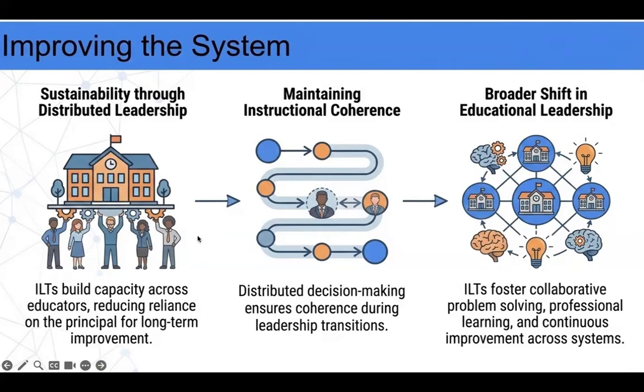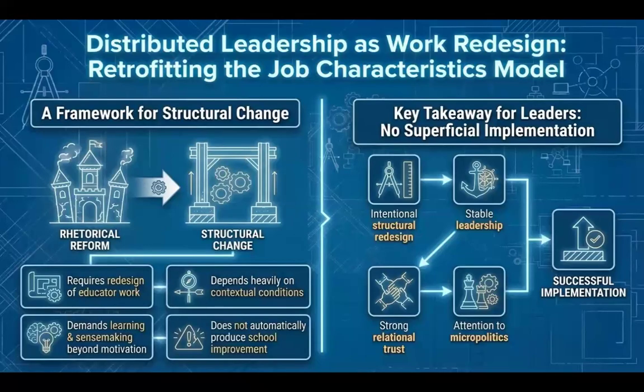And improving the system, sustainability through distributed leadership, feeds into maintaining instructional coherence and then ultimately building a broader shift in educational leadership as described in this graphic. And finally, key takeaways for leaders.